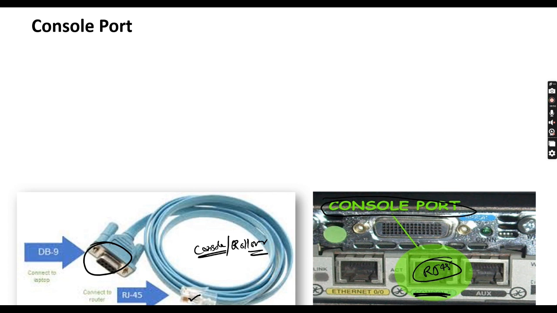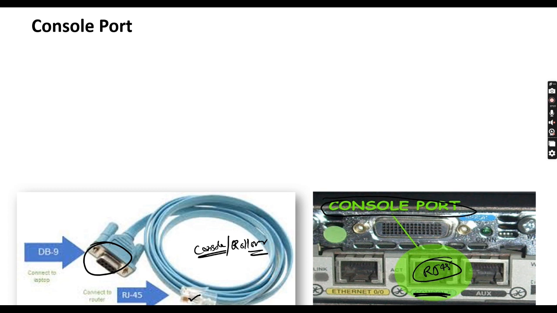Again, DB9 connectors are not available in PCs or laptops nowadays, so that's the main reason you have converters from DB9 to USB. You can connect USB now to your computers. So the console cable has the RJ45 and DB9 connector on the other side. From DB9 you can use the converter to USB and connect to your computers or laptops and administrate.